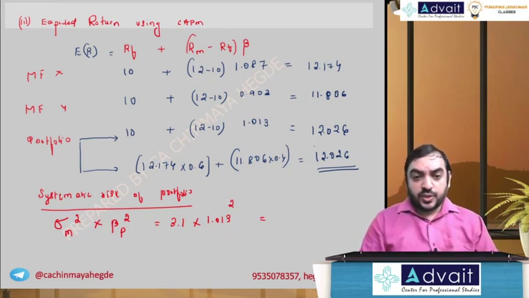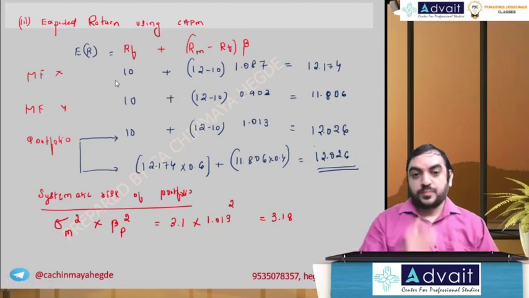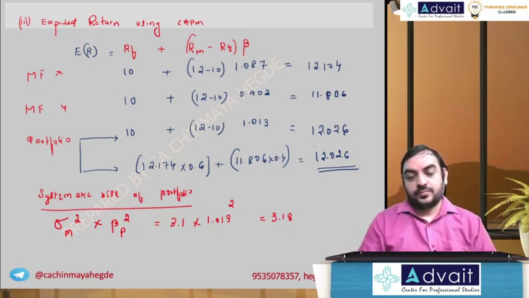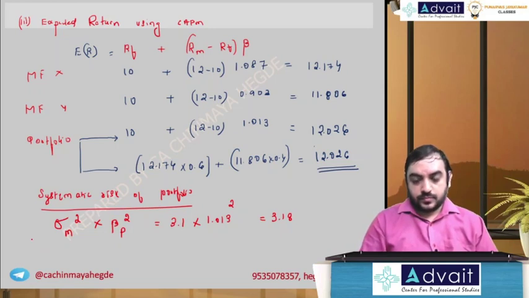So 3.1 into 1.013 into 1.013. You have 3.18. Okay, next.